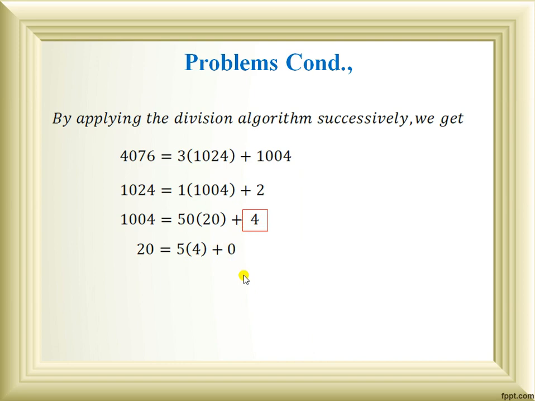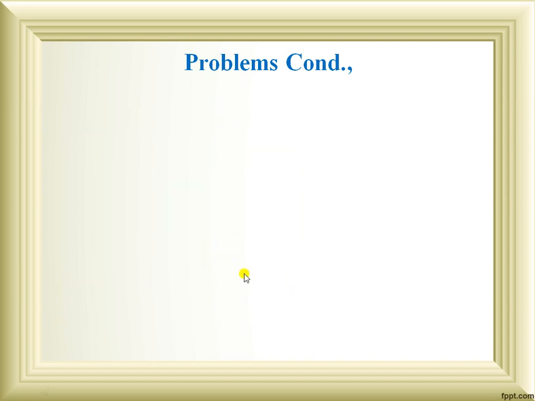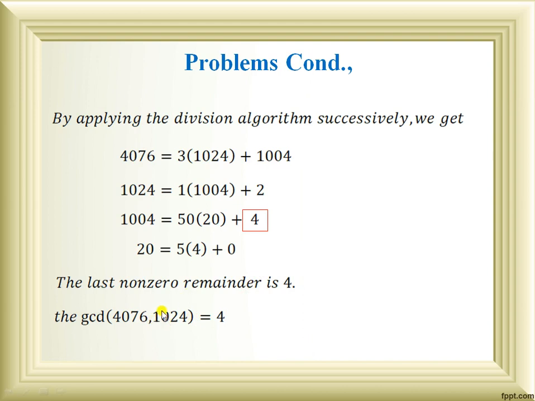Therefore the last non-zero remainder is the GCD of the given numbers. Now we need to write the linear combination of these two numbers. For that I am taking the last step. 4076 and 1024 have the GCD 4. So from this step I can find the 4 value.